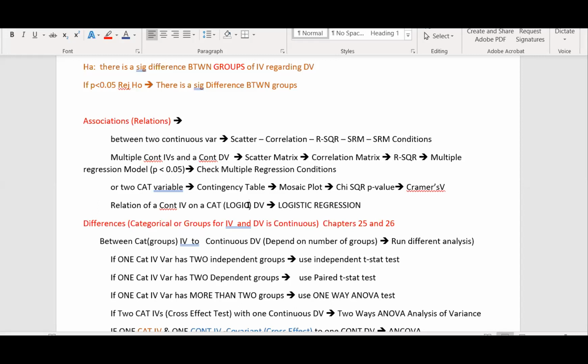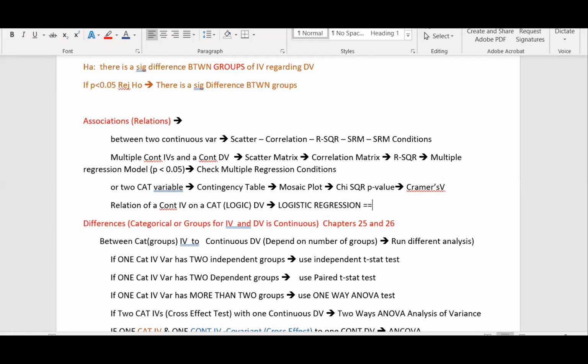What do we mean by logic DV? Logic means it can only accept two values: true or false, yes or no, pass or fail, good or bad, completed or incompleted, right? So if that's the case, we can use logistic regression.